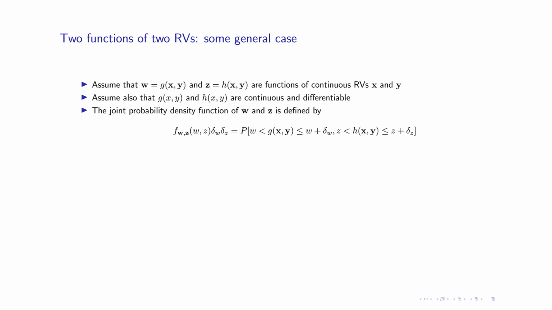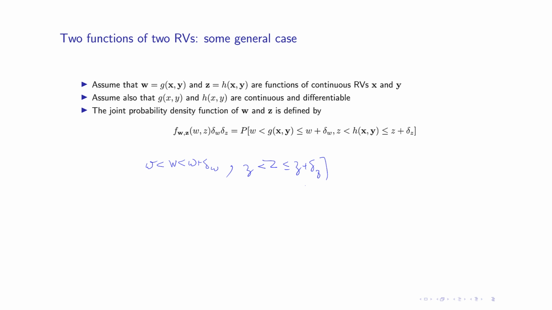So to see why, consider the probability that W is between small w and w plus delta W, and Z being between the real value z and z plus delta z.